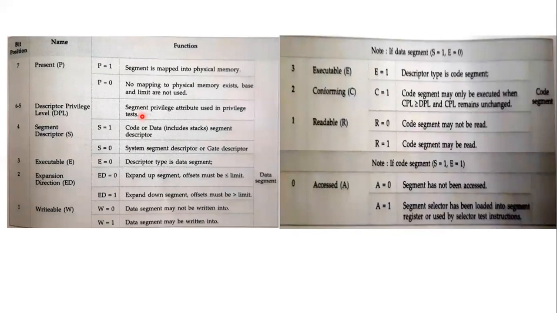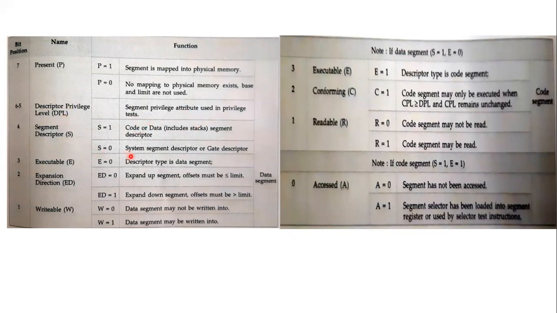Okay. Next is the segment descriptor, that is S. When this is 1, it is a code or data segment descriptor. That means it also includes the stack. When you're talking about segment descriptors, it means code, data, and stack.